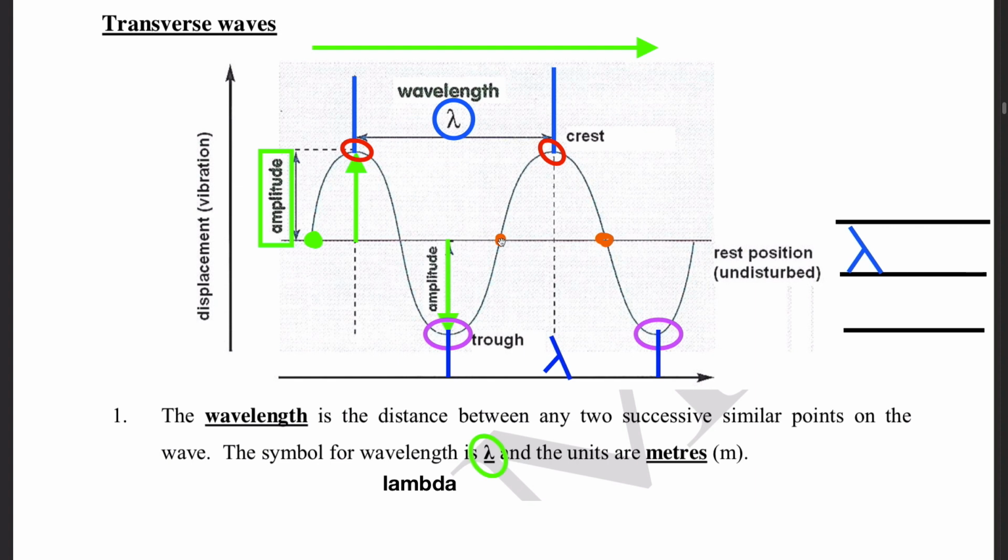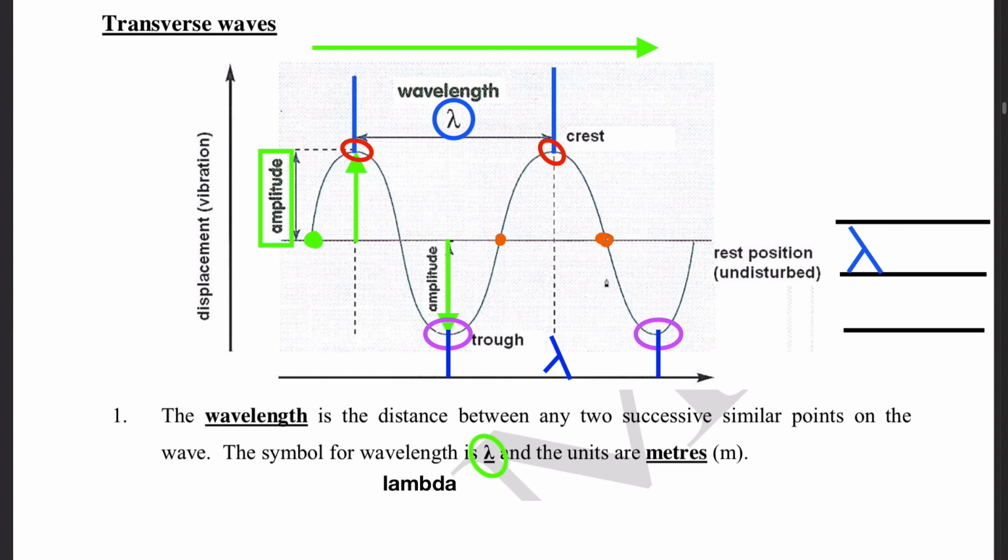So in this case, I can either measure from here to here, or else from here to here. From orange dot to the other orange dot will not be one wavelength, because the first one is from the rest position going up, going towards a crest, whereas the second one is from the rest position going to a trough.